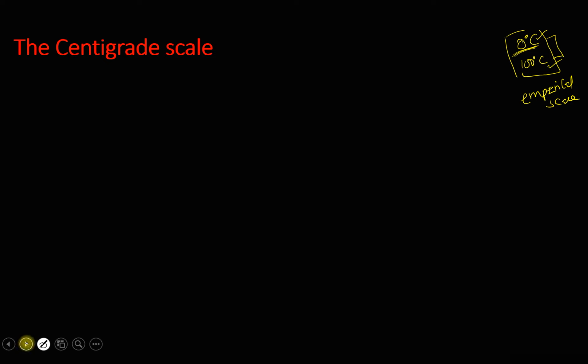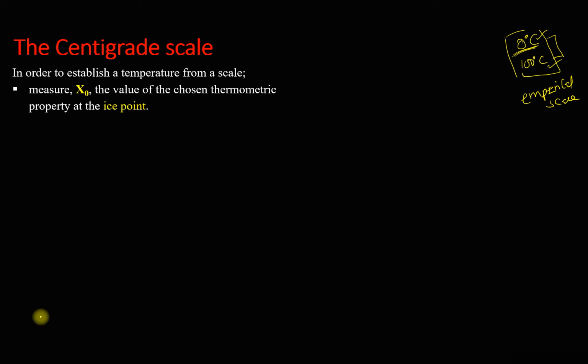So to establish the centigrade scale, we have to measure the thermometric property. Let's say X is the property which varies linearly with temperature. So we measure the value of the chosen thermometric property at ice point, that is at 0 degrees Celsius. I'm calling it X naught or X0.